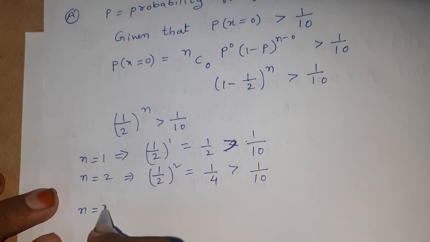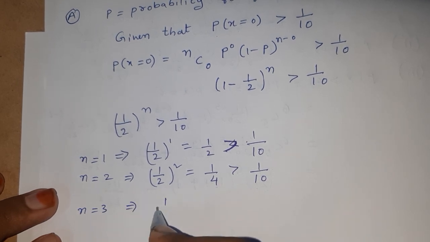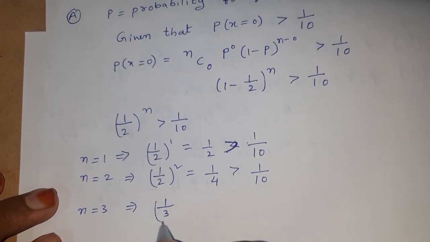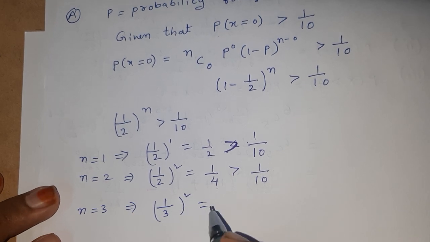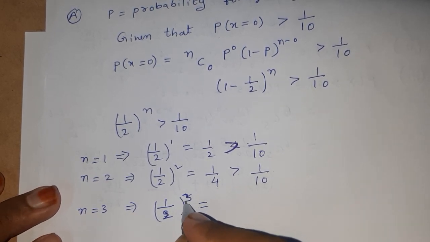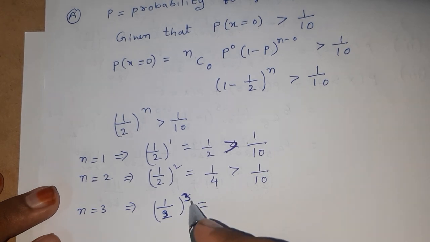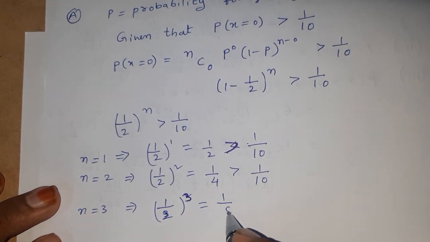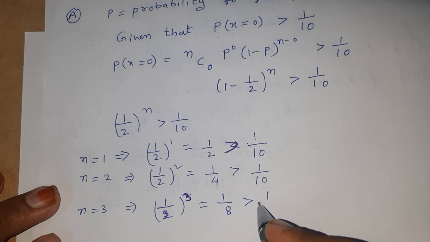When n is equal to 3, (1 by 2) cubed, that is 1 by 8, is also greater than 1 by 10.